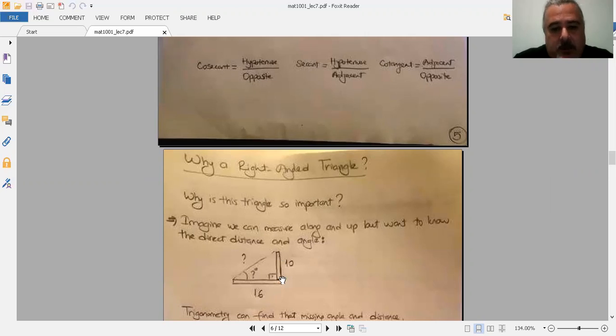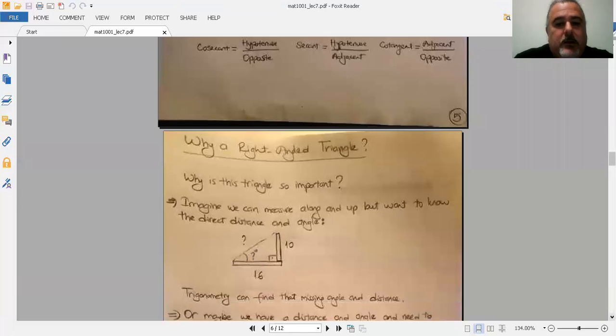I know this one, I know this one, I can find this side, but how can I find the angle? By knowing this length, you can easily find it by applying that formula. So trigonometry can find that missing angle and distance.